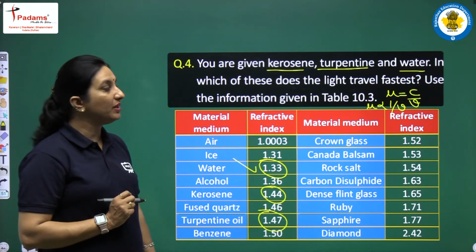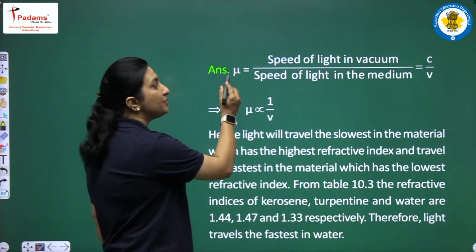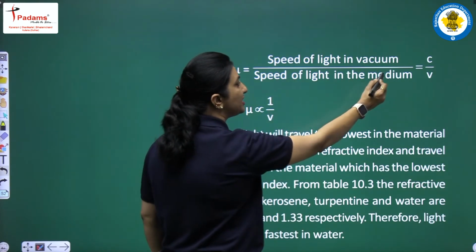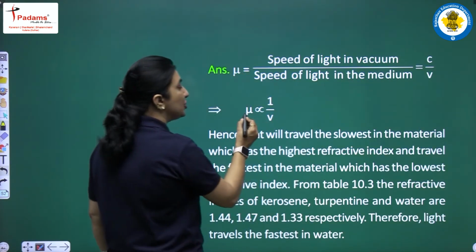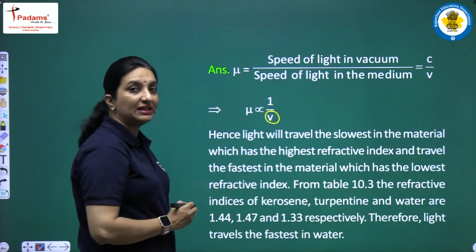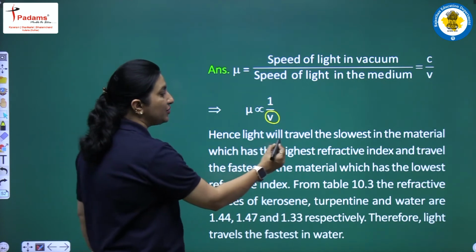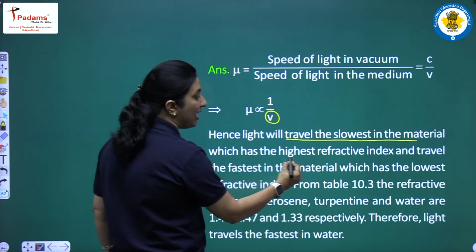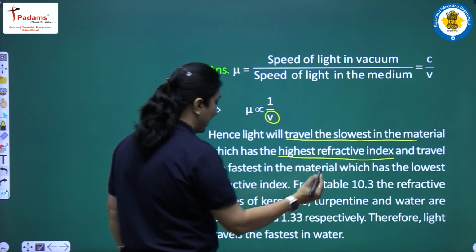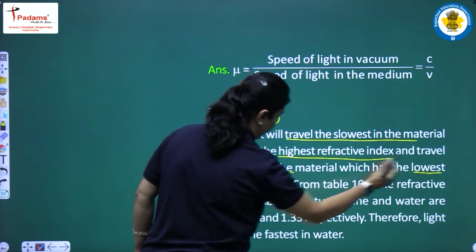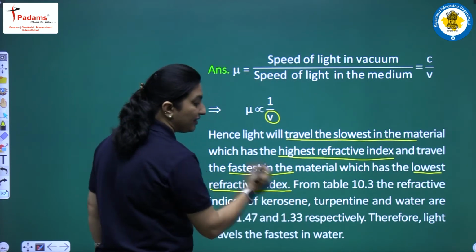So the answer will be that since mu is equal to speed of light in vacuum upon speed of light in the medium, which is given by C upon V, mu is inversely proportional to the speed of light in the medium. Hence light will travel the slowest in the material which has the highest refractive index, and travel the fastest in the material which has the lowest refractive index.